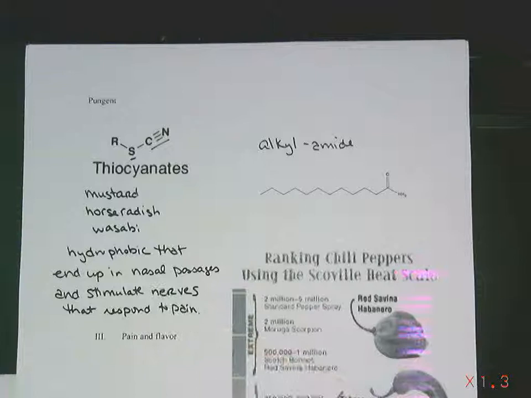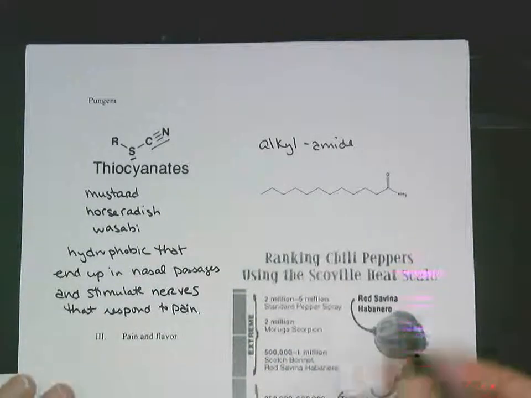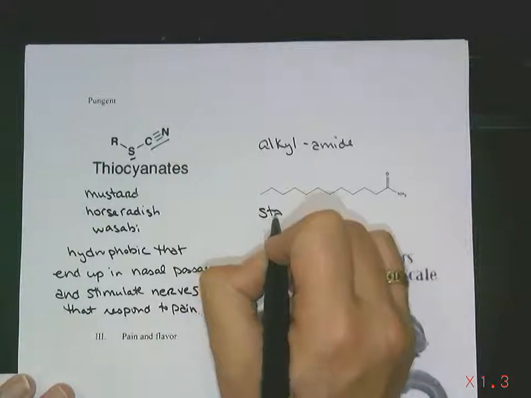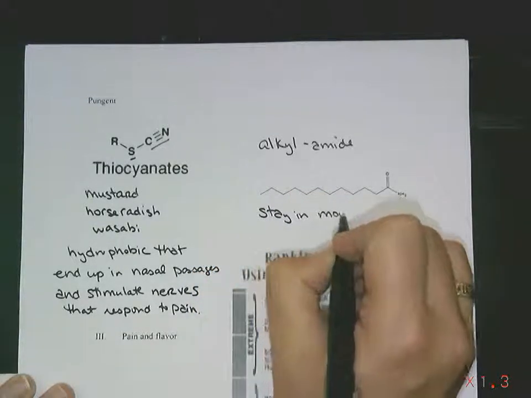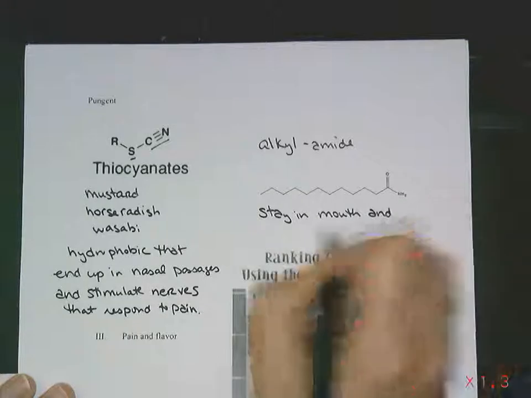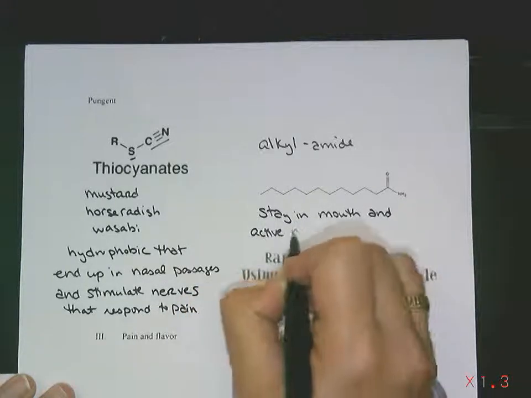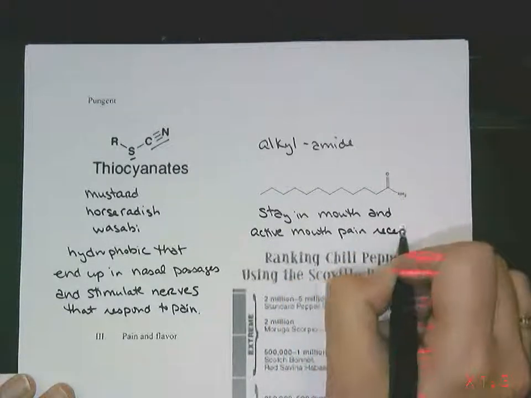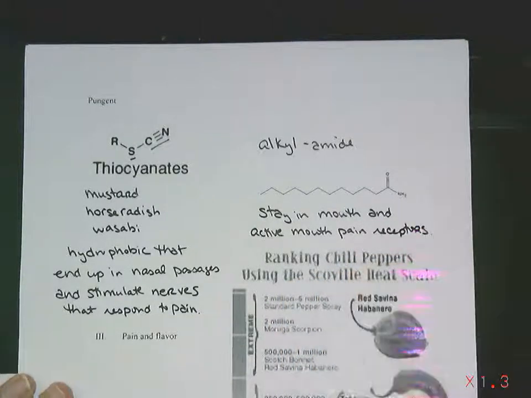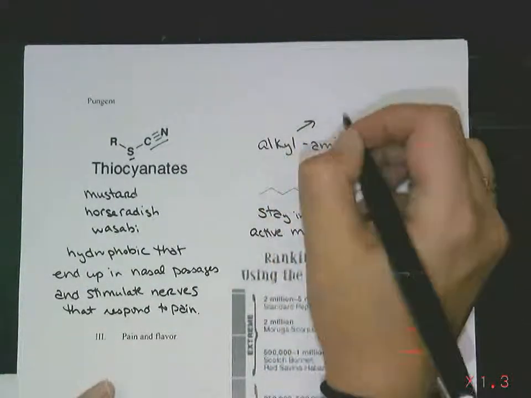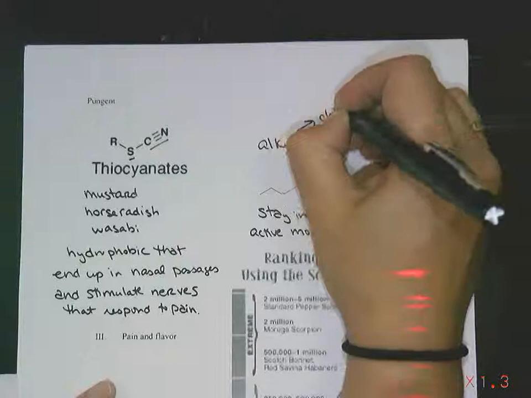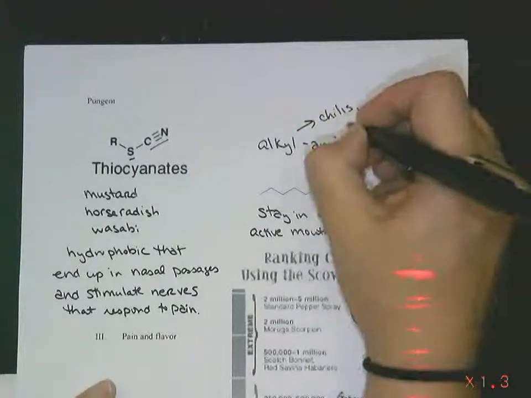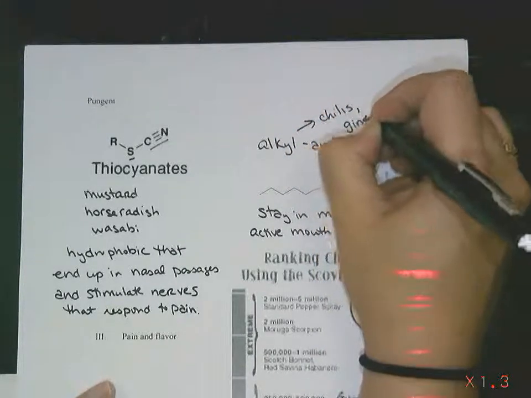These are going to stay in your mouth and activate mouth pain receptors. So these alkyl amides are found in chilies, ginger, and black pepper.